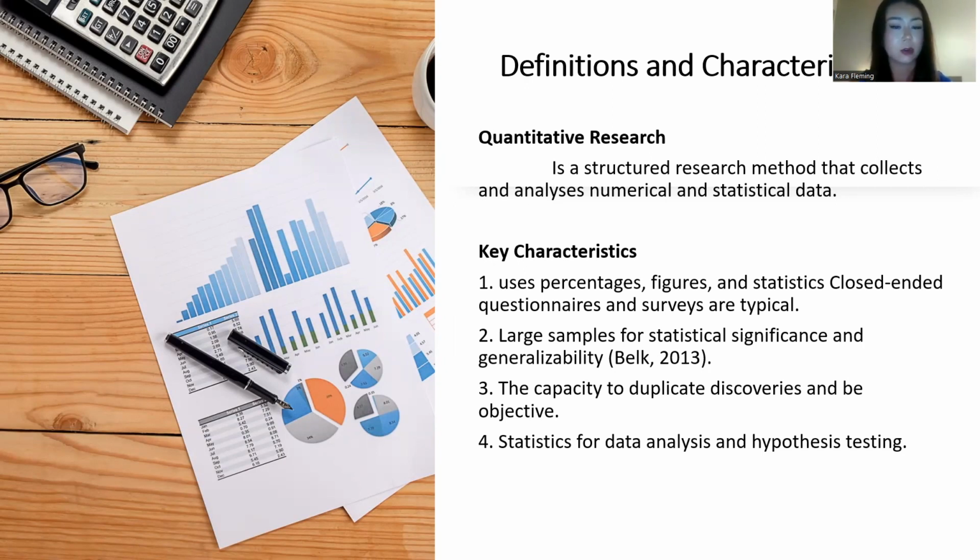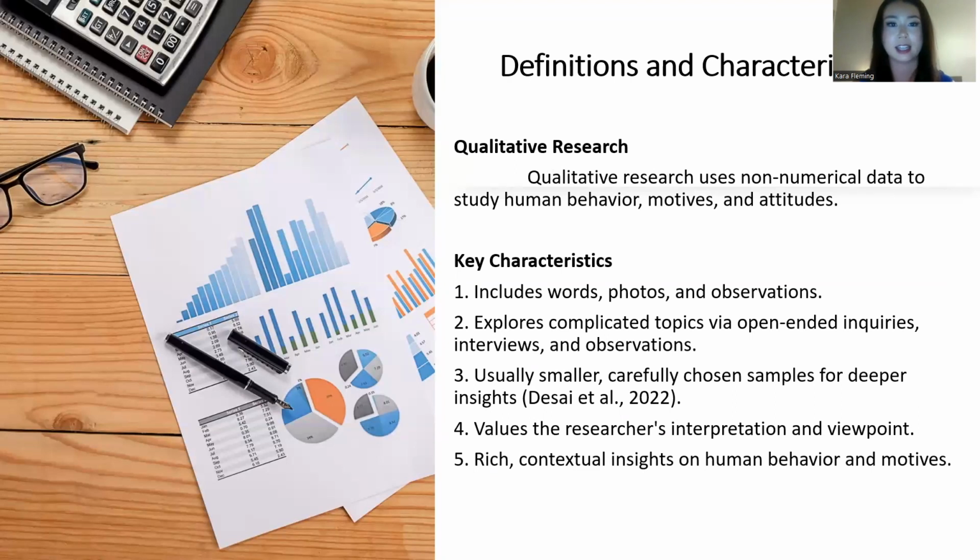It's used to answer questions when creating a study, where you need participants and you need to select the methods. Quantitative research is great if you need the nitty-gritty details that you typically find in data science projects. On the contrary, we have qualitative research, which uses non-numerical data to study human behavior, motives, and attitudes.